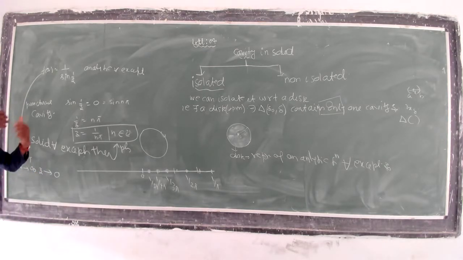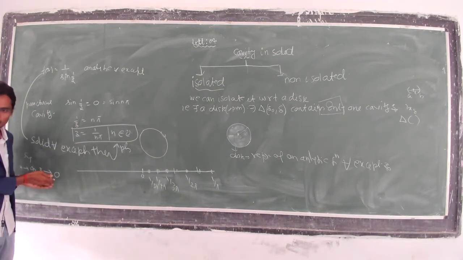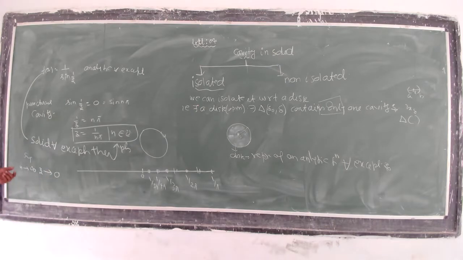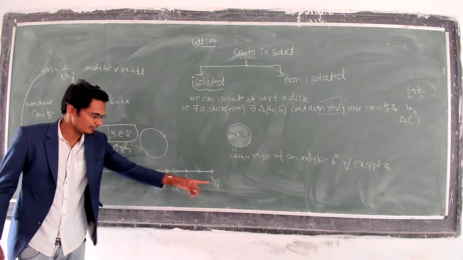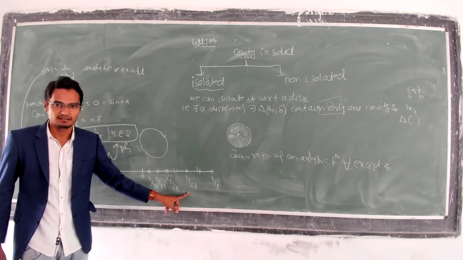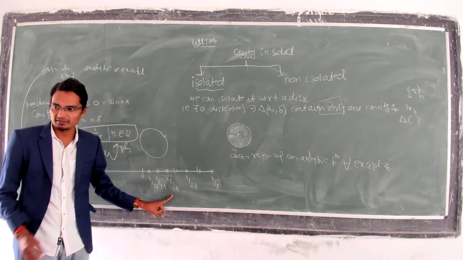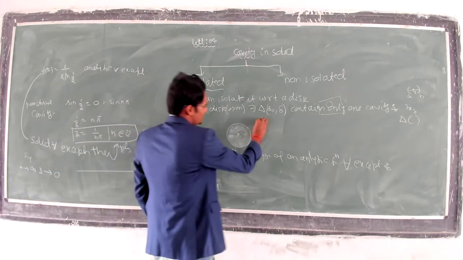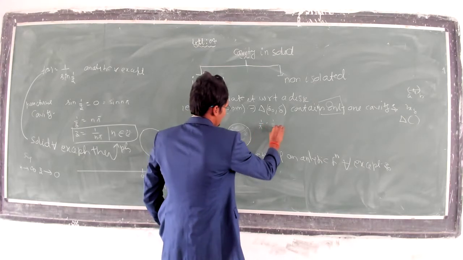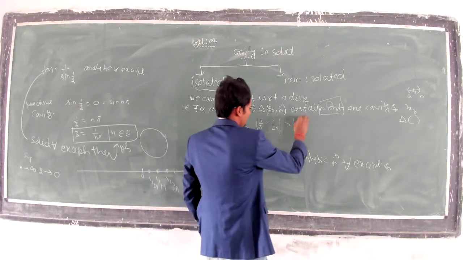As your sequence grows, it collects at a particular point, and it is happening if the distance is decreasing, right? If distance is not decreasing, it will not tend to 0. So this distance is bigger than this, bigger than this. Even if you calculate 1 upon pi minus 1 upon 2 pi, it will always be greater than 1 upon 2 pi minus 1 upon 3 pi. So you can notice here, 1 upon pi minus 1 upon 2 pi will be greater than 1 upon 2 pi.